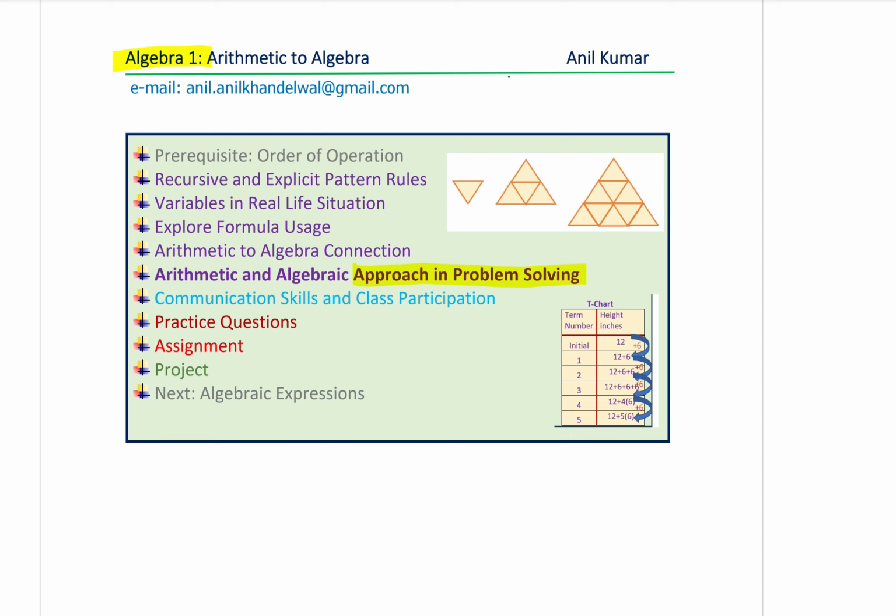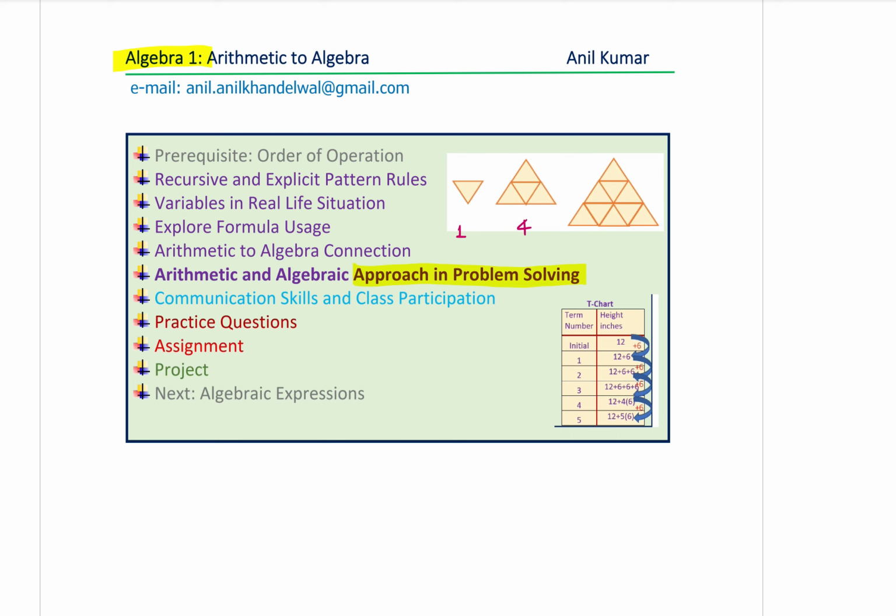For example, when we took triangles and made a pattern of combining triangles to form bigger triangles, what did we notice? We saw that in the first pattern, there was only one triangle. And then when we increased, they became four with two layers of triangles as shown in this figure.